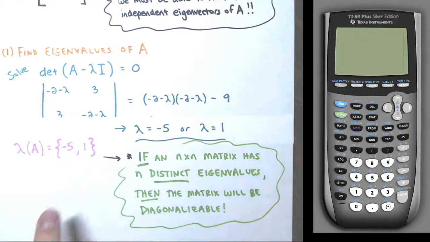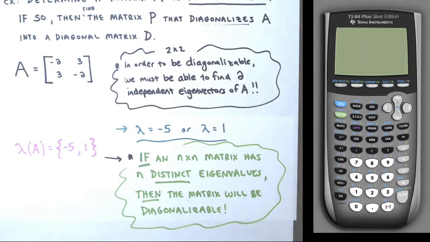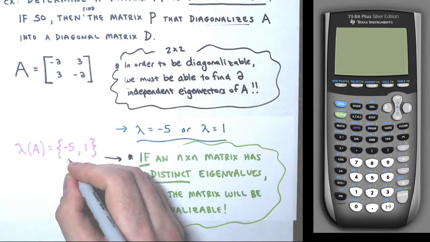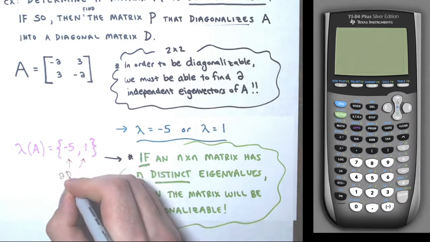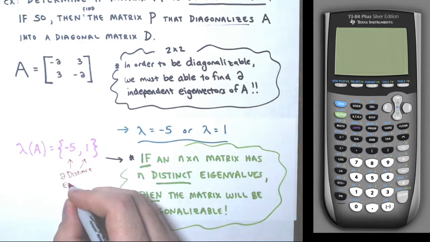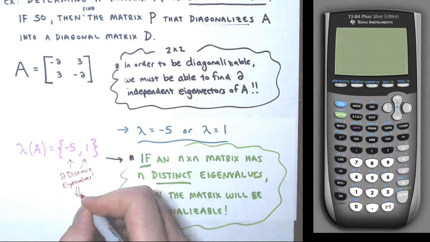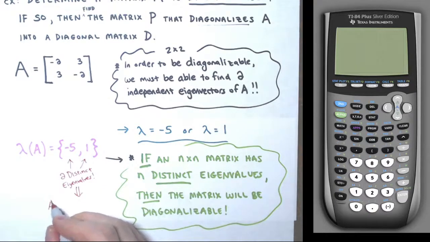All right. So this is a 2 by 2 matrix with two distinct, two different eigenvalues. So that tells me that A is diagonalizable.